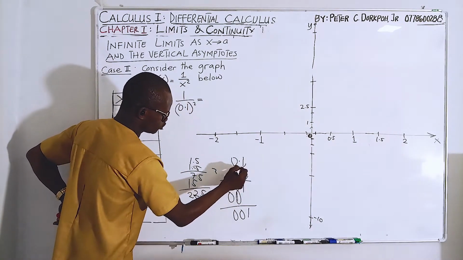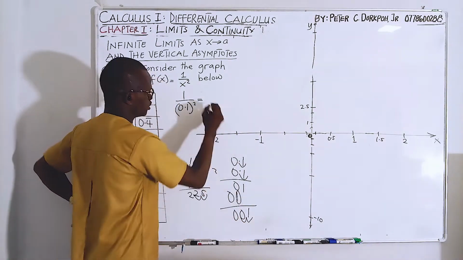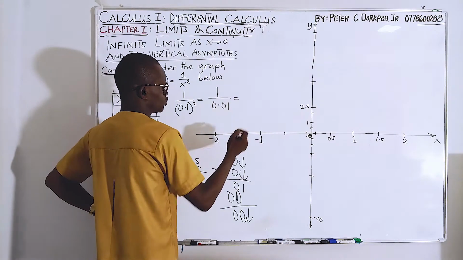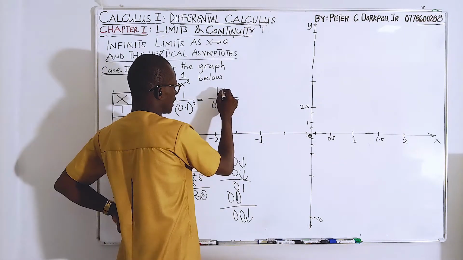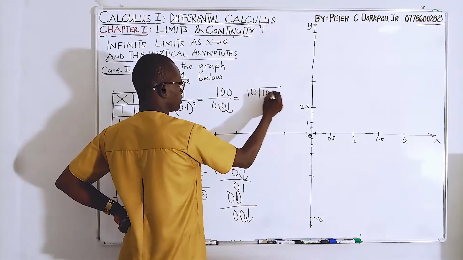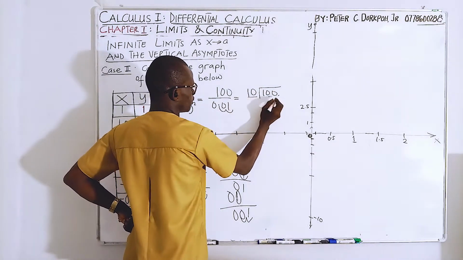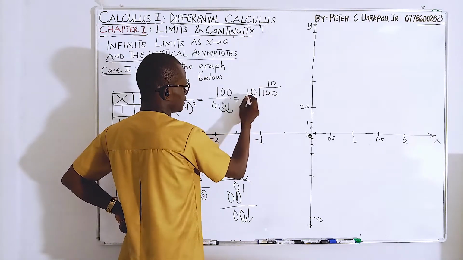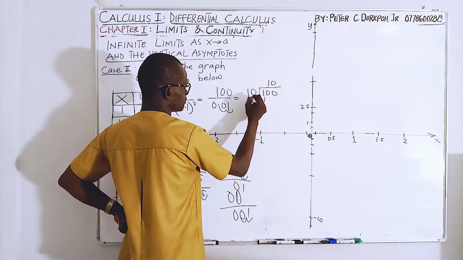We move the decimal 2 places, 1, 2. So we have 1 over 0.01. If we move this 1, 2, we add 2 zeros, so it's going to be 10 divided by 100. 10 into 100 goes 10 times, right? 10 times 10 is 100.